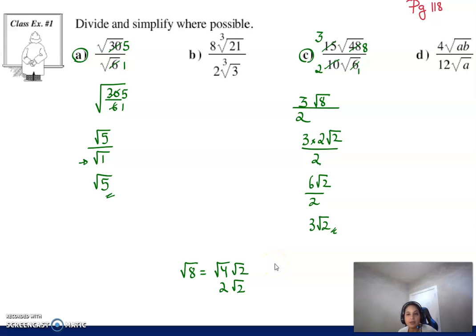So divide your numerical with the numerical, radicand with the radicand, and then we check to see if we can reduce it further. The idea is the same even with variables. What I would like you to do is pause this video at this point and try parts B and D on your own.